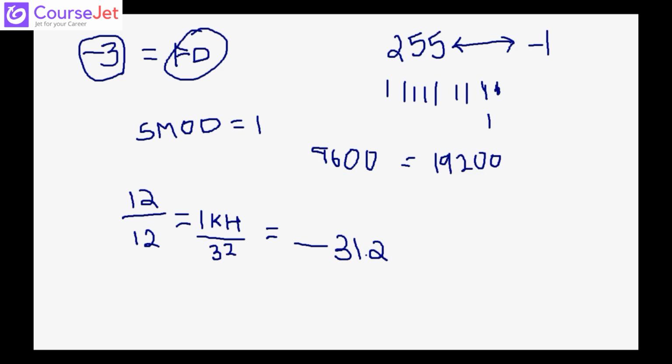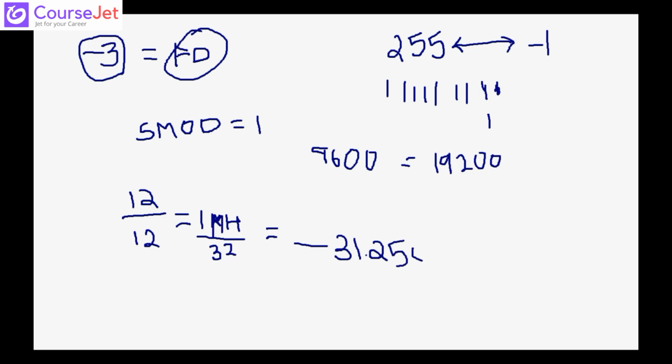And when you use 11.0592, it is 921.6 kilohertz. With 12 by 12, divided by 32, you'll get 31,250.